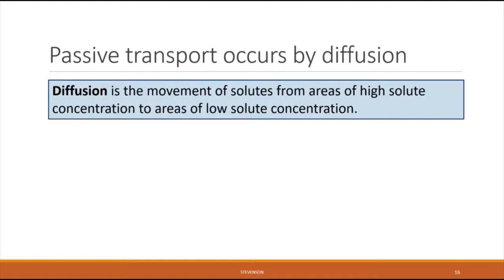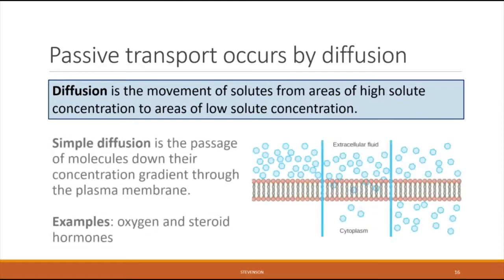So simple diffusion is one variety of diffusion, where molecules are able to pass directly through the plasma membrane, down their concentration gradient. So in other words, if molecules happen to be more heavily concentrated on one side of the membrane, they can pass directly through the membrane if they are capable of simple diffusion and make it to the other side in order to spread themselves out to the maximum degree.